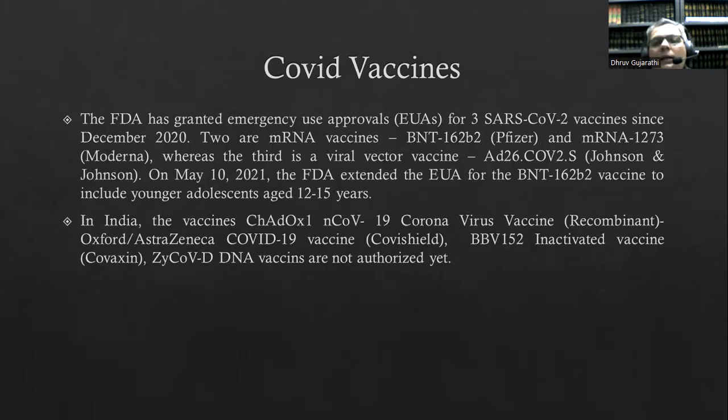Secondly, we have an inactivated COVID vaccine developed by the ICMR, available by the name Covaxin. Covaxin was developed by Bharat Biotech. And the third one is Zycov-D, developed by Zydus Cadila.